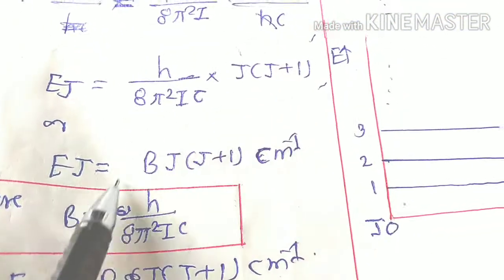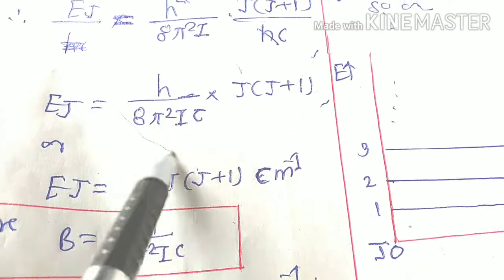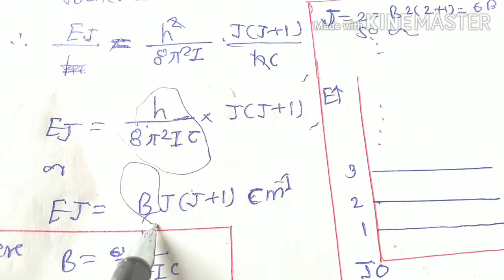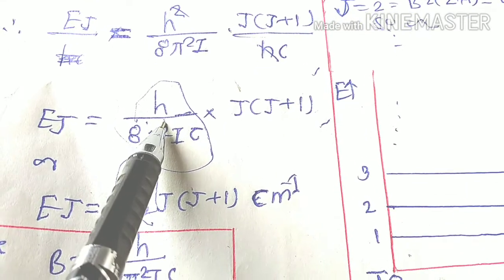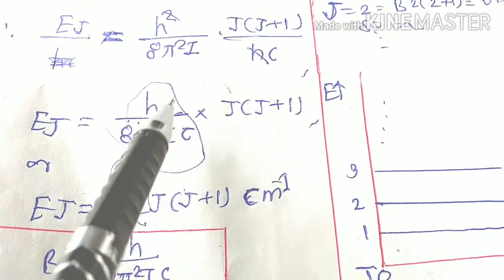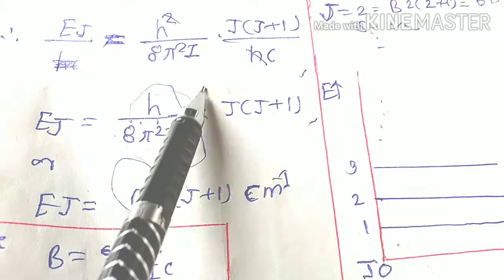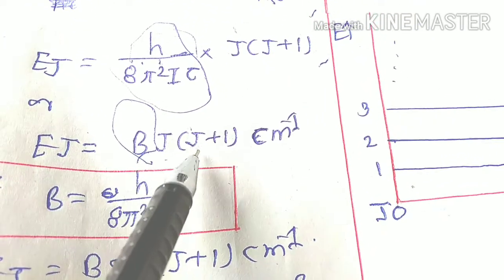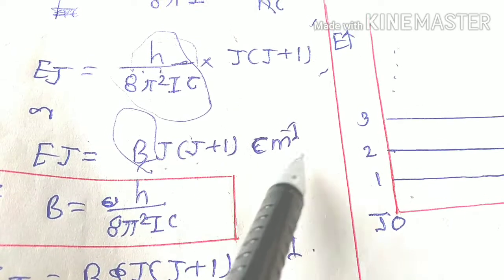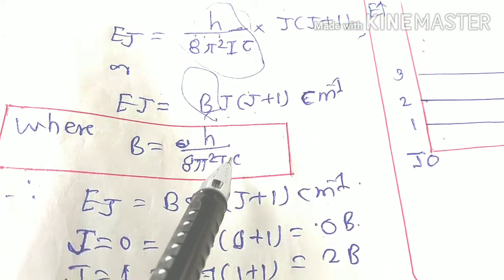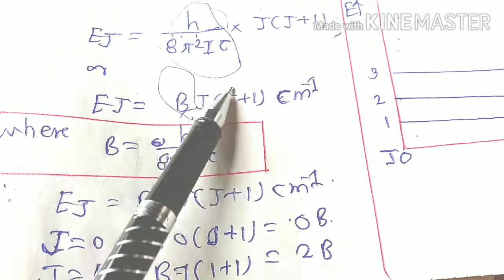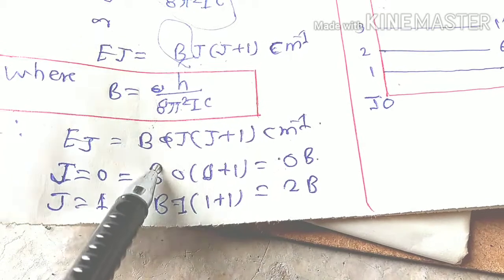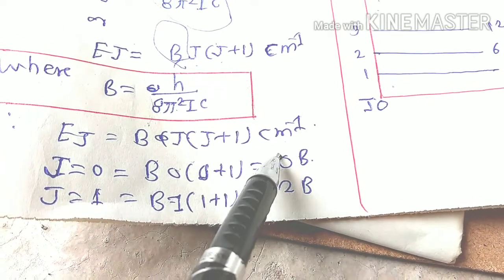This h by 8 pi square IC is a constant, so we consider it as b. So Ej equals to b into j into j plus 1 cm inverse.